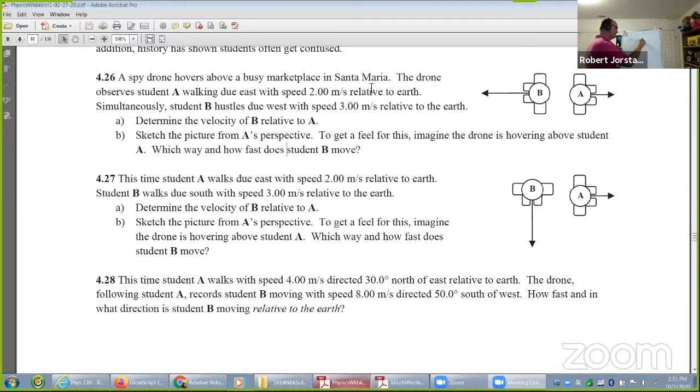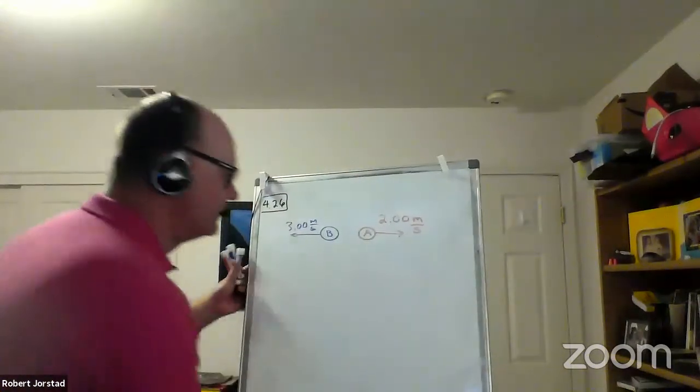I'm going to use blue for B, red for A for right now. In one of the solutions, I accidentally switched the colors, but other than that, that's pretty close. All right, so a simple picture.